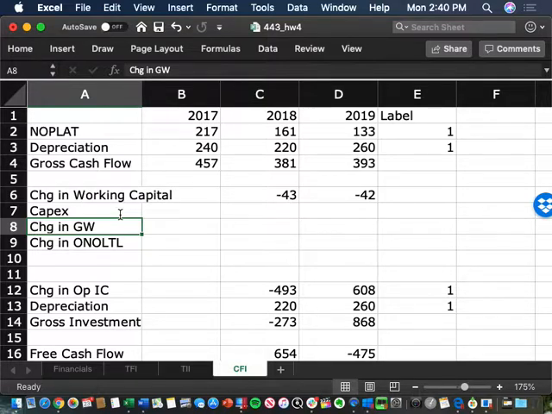I'm not saying it's not legitimately put up there, but here's the point. The one account I hate more than anything else is called AOCI, Accumulated Other Comprehensive Income. It's a miscellaneous catch-all, which is an adjustment to the equity of the balance sheet that does not hit the income statement, right?